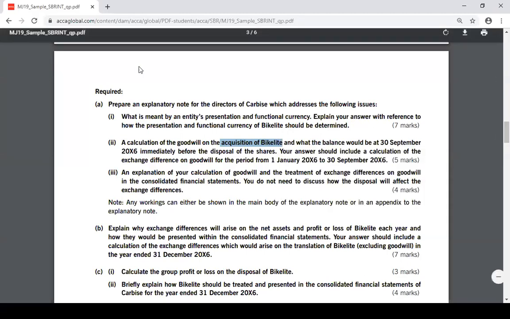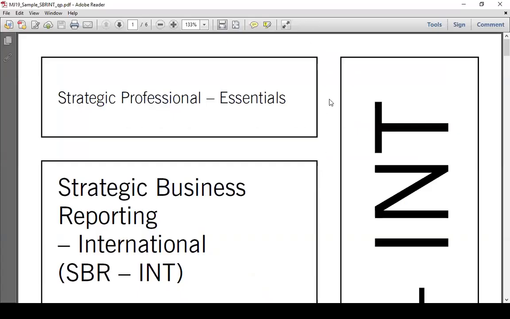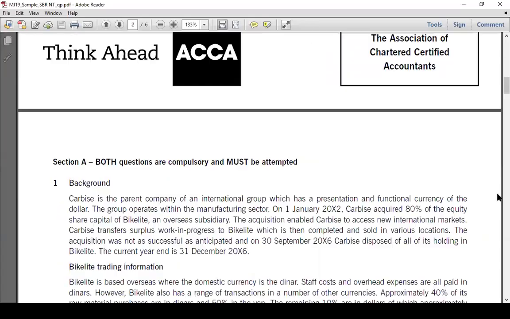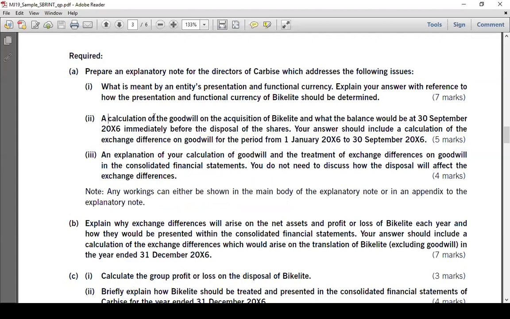There's no option to highlight over here. So let me open it in the Adobe XP. So we were discussing that a calculation of goodwill.